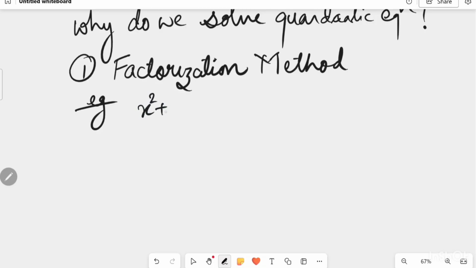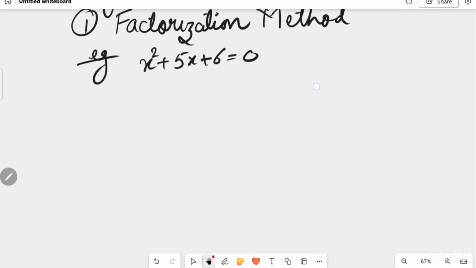Say x square plus 5x plus 6 equals to 0. So what is our goal over here? Our goal is to express the equation in a way that it becomes easy to solve, that is, we will find the values of x that satisfy the equation.